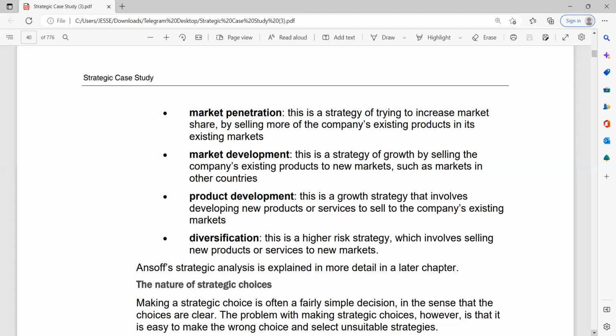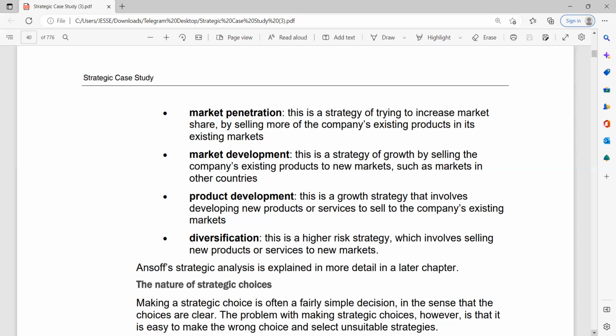Pepsodent sells to the entire Ghana, right? So if they want to penetrate the market, they will sell more Pepsodent in Ghana. They won't go outside Ghana. They are just focusing on the markets in which they are operating and doing more in that market. So they have an existing product in an existing market.